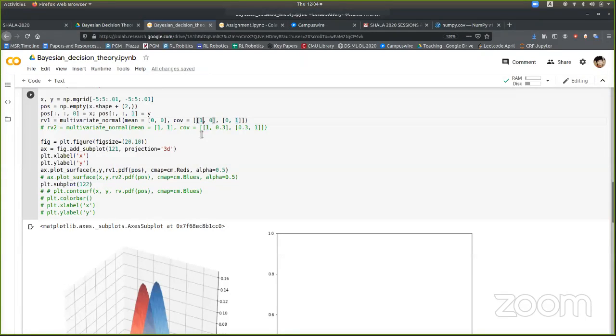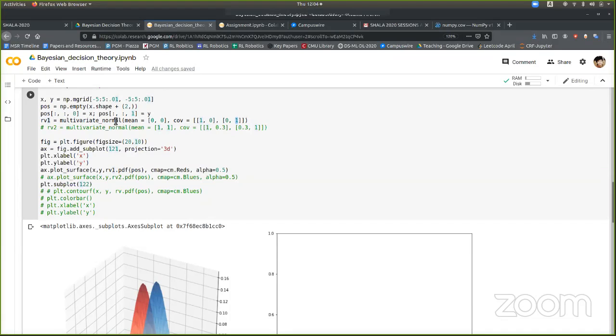You can think of the first diagonal element as the covariance for the first dimension of your feature, and the second diagonal element as the covariance of your second dimension. And if it's diagonal, what it means is that your features are independent of each other.